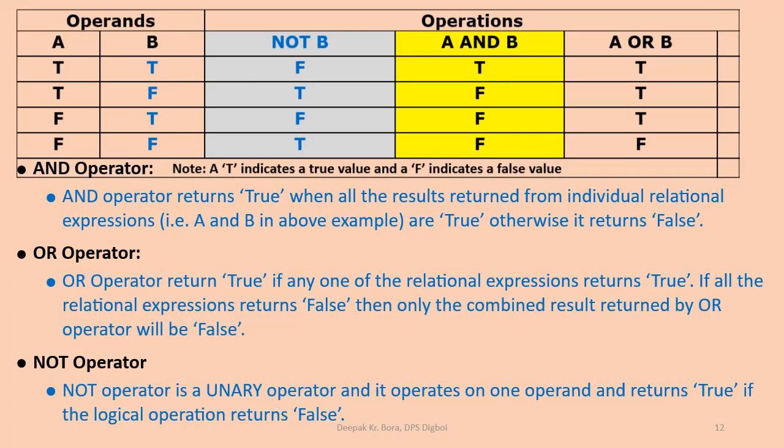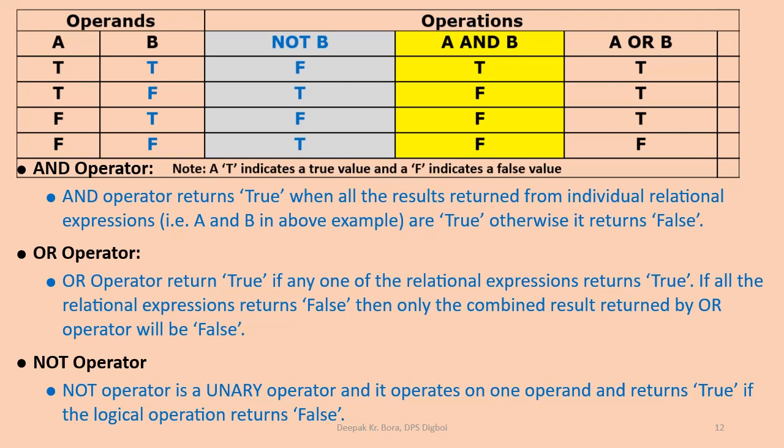Here I am going to show you the truth table for the logical operators. I am taking two operands A and B. A and B are relational expressions. They are either returning true or false. Since there are two operands, each having two possible outcomes, in total there will be four possible outcomes.